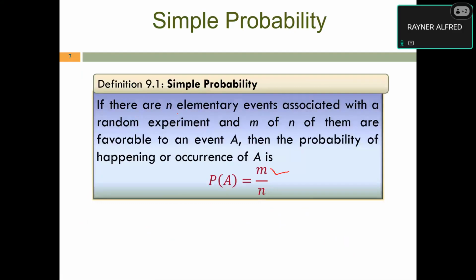If we have N events, this is the total number of events associated with a random experiment, and M of N of them are favorable to event A. That means M out of N favor event A. This is what we call the probability of having A.